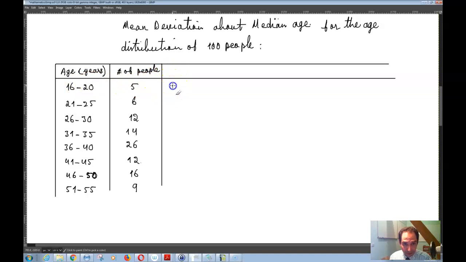Then I will get, for example, 15.5 to 20.5, right? And now the class size is 20.5 minus 15.5, which is 5.